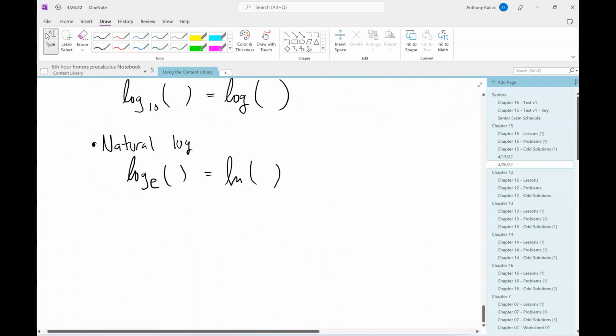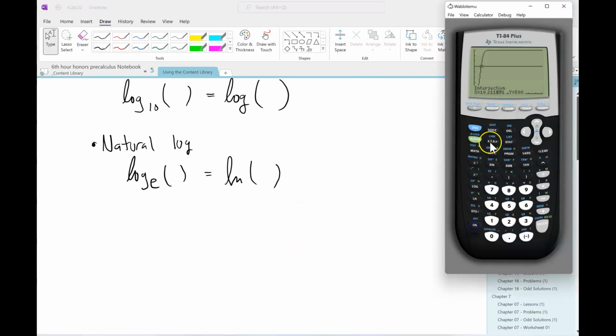Okay. You'll notice also that your calculator has a built-in button for common log and for natural log already on it. So if I wanted to do the common log of 1,000, that should give me, before I press enter, this was a mental math problem. 1,000 is 10 to the third, right?